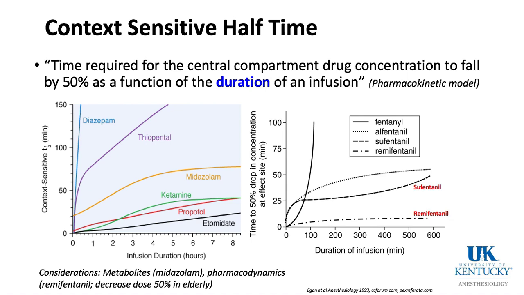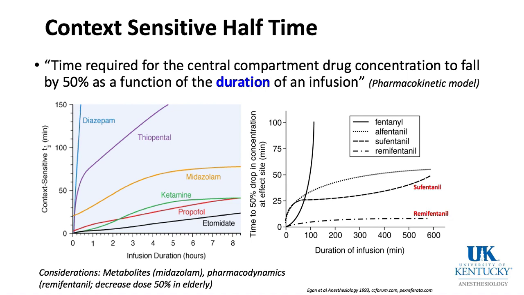You start a Valium infusion and you can see how long it would take. After a very short period of time, it's going to take a long time after you've infused it, after shutting it off, for it to drop 50% in the central compartment. Not a great drug for infusing.